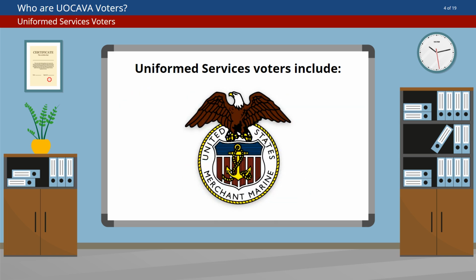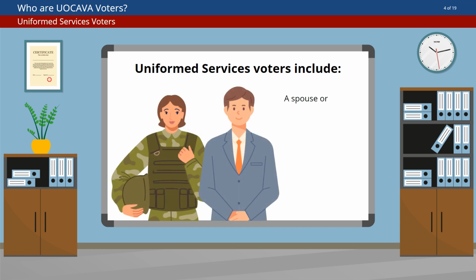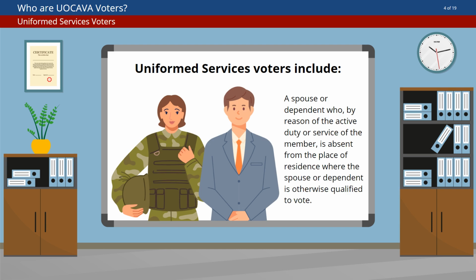Members of the Merchant Marine, who, by reason of service in the Merchant Marine, are absent from the place of residence where the member is otherwise qualified to vote. A spouse or dependent of a uniformed services member, who, by reason of the active duty or service of the member, is absent from the place of residence where the spouse or dependent is otherwise qualified to vote.